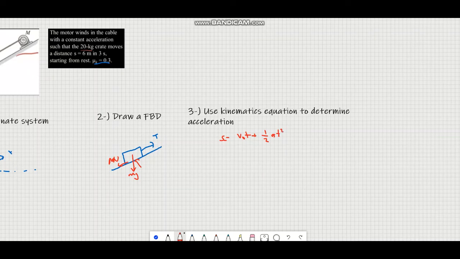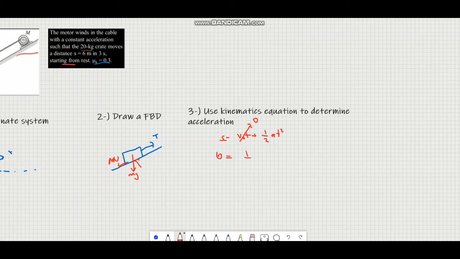If there is no S0, we are going to consider S0 is 0, and we know that V0 starts from rest, so our initial velocity is 0. So just plug in the other terms. 6 is the distance passing by, s minus s0 is 6 meters.